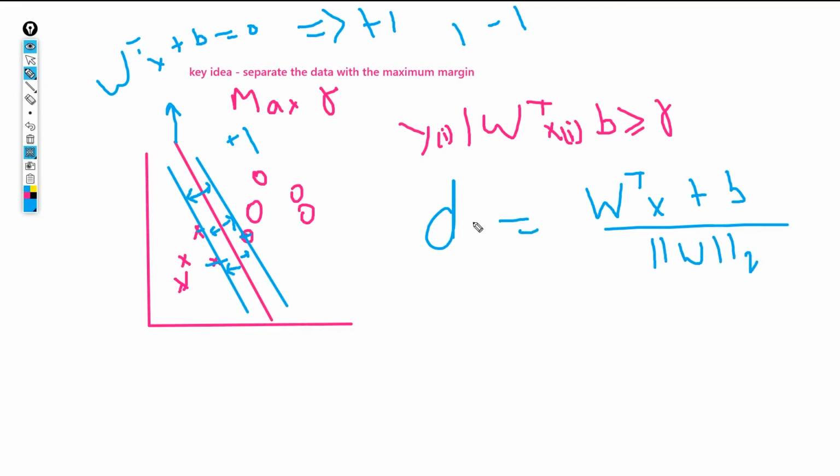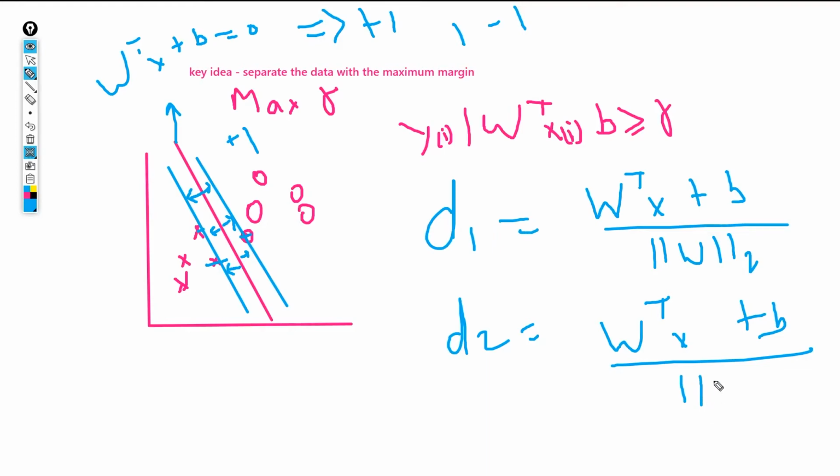This is going to be d1, and d2 is going to be similar: w transpose x plus b divided by the L2 norm of w. In this part, x will belong to the positive class and in this part x will belong to the negative class, because we are only considering these parts in this case and these parts in this case. Okay, so that's what we are doing here.